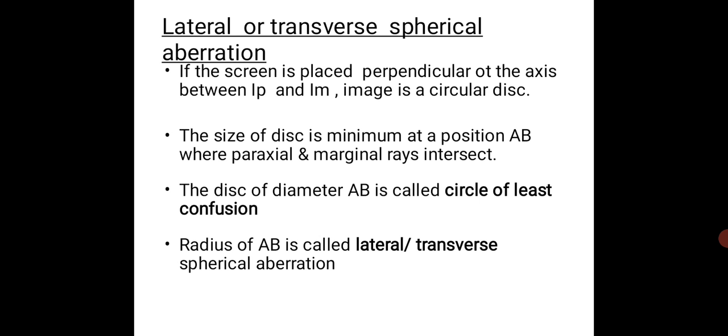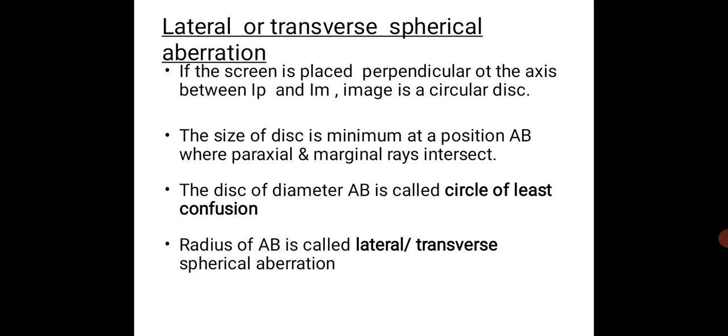Similarly, if the screen is placed perpendicular to the axis between IP and IM, the image is a circular disc observed on the screen. The size of this disc is minimum at a particular position AB where paraxial and marginal rays intersect.